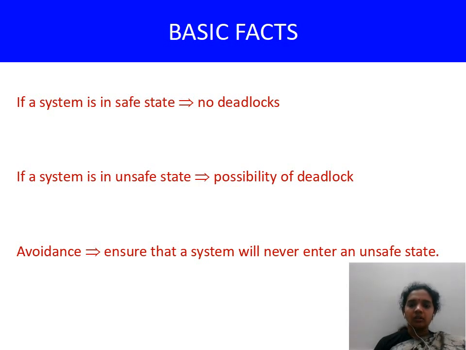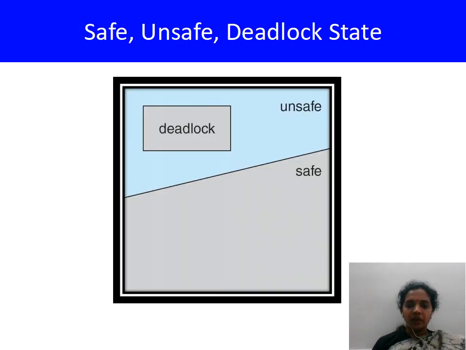There are three basic facts. If a system is in a safe state, then there is no deadlock. If the system is in an unsafe state, there is a possibility of deadlock, and avoidance ensures the system will never enter an unsafe state. In this picture, you can see two different states, safe state and unsafe state.